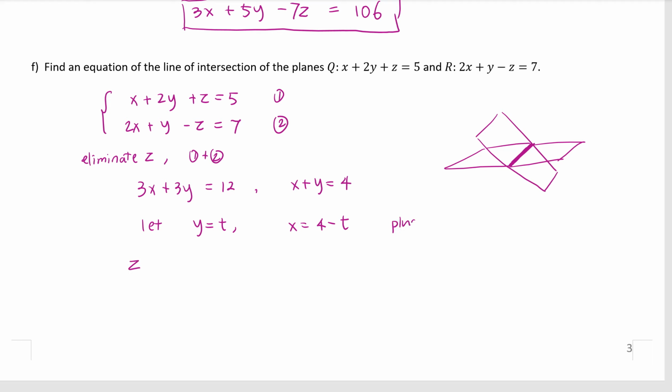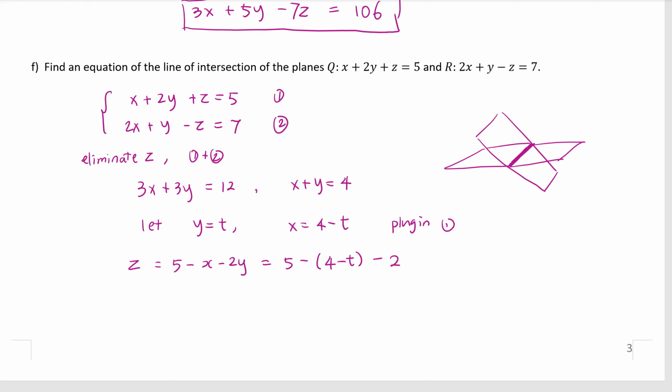We can plug into either equation 1 or equation 2. Let's plug into 1. Then z equals 5 minus x minus 2y. We move the x and the 2y to the other side. Now we can plug in x is 4 minus t. Don't forget your parentheses, because without the parentheses it will be wrong.